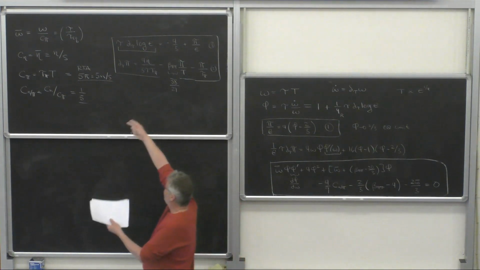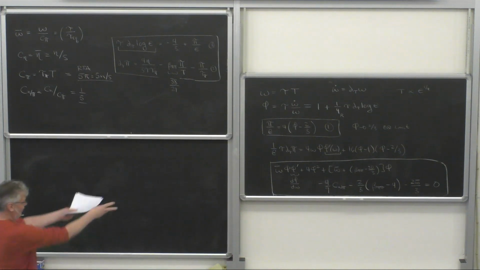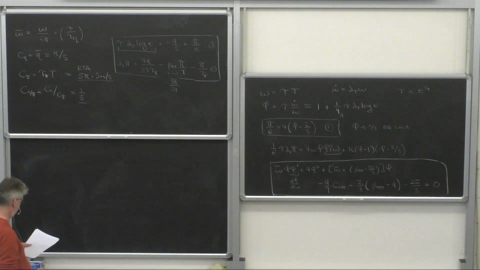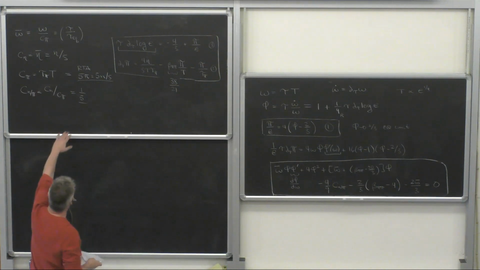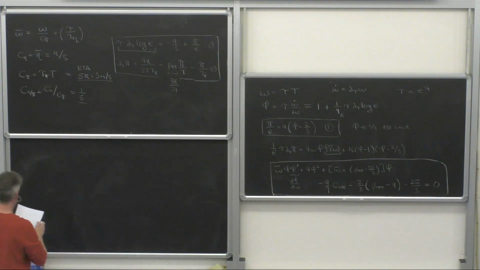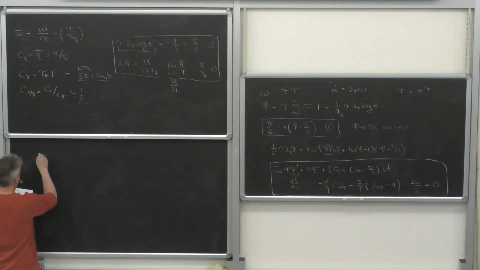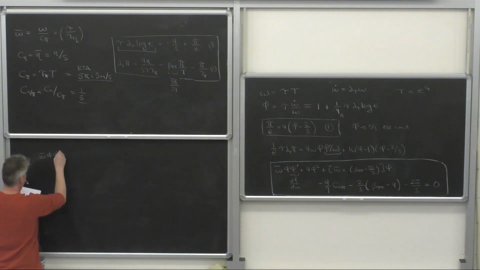So let's plug in these actual numbers for the example so it's not as big and cumbersome and scary looking. So we're going to plug in the 38 over 21 and the 1/5 everywhere we need to, and then we get down to a simpler looking ordinary differential equation.